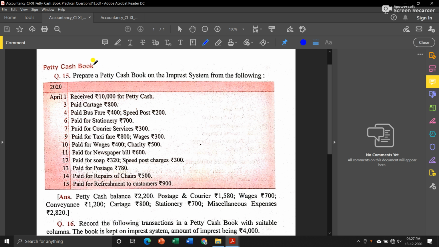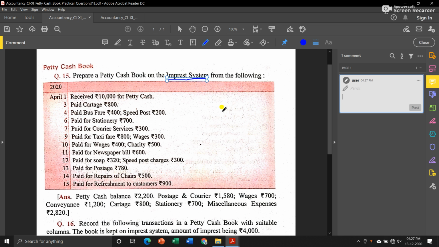In question number 15 we are told to prepare a petty cash book on the Imprest system. The Imprest system is where every month a fixed amount of money is given to you by the cashier. Suppose the cashier fixes the imprest amount at 2000 every month.